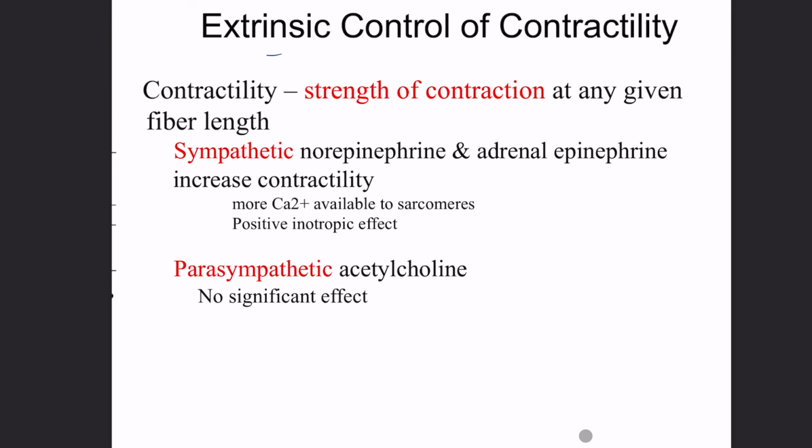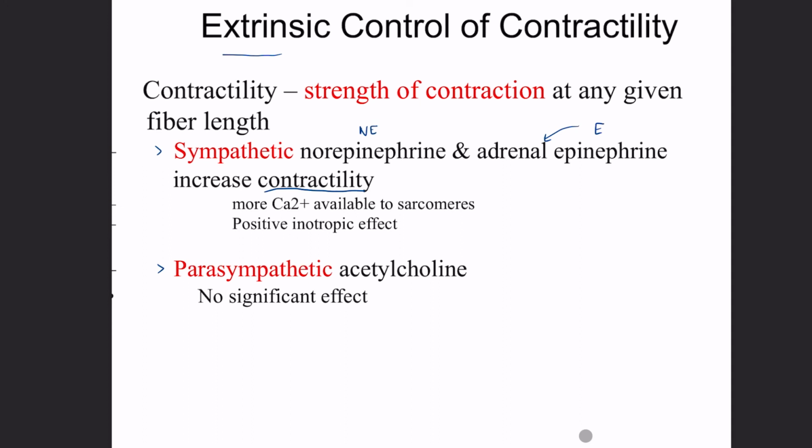Extrinsic control can be due to the sympathetic and parasympathetic divisions of our autonomic nervous system. The sympathetic division will release norepinephrine or epinephrine from the adrenal gland. What this does is increase the strength of contraction.